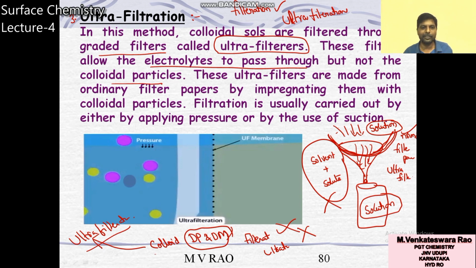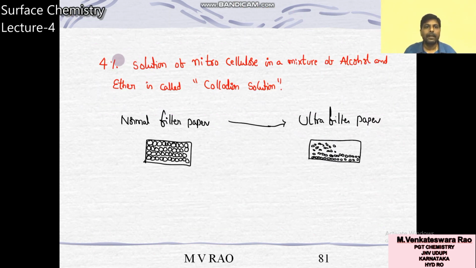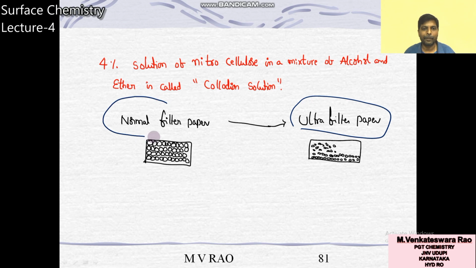Same technique you are using. You are sending here. It is ultrafiltration. How will you get this ultrafilter paper? From normal filter paper. In normal filter paper, the pore size is a little bit bigger.